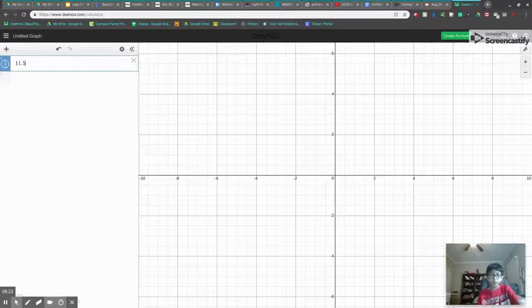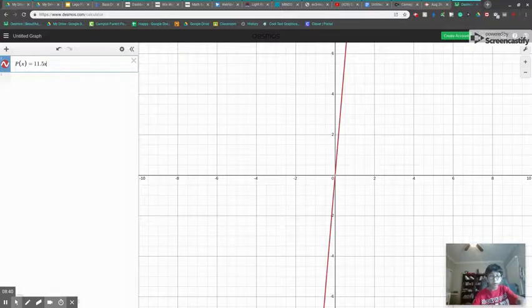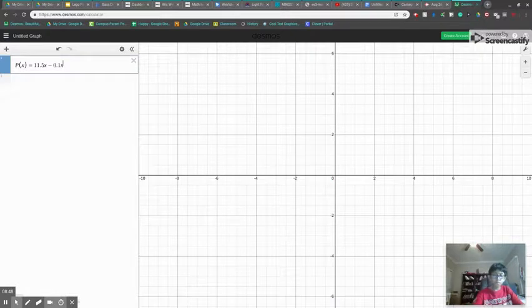So, 11.5. It's basically y, P(x) equals 11.5x minus 0.1x to the power of 2, squared, minus 150.